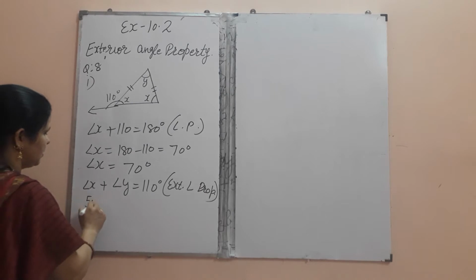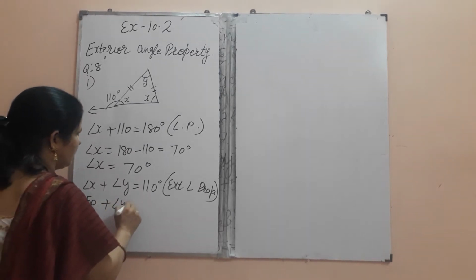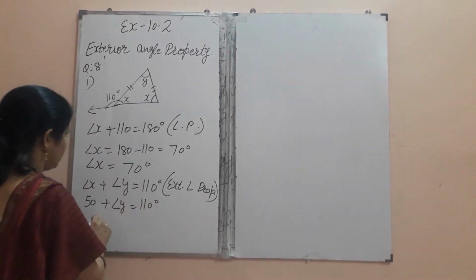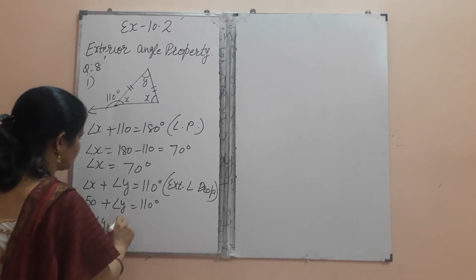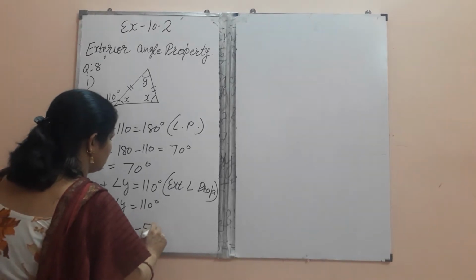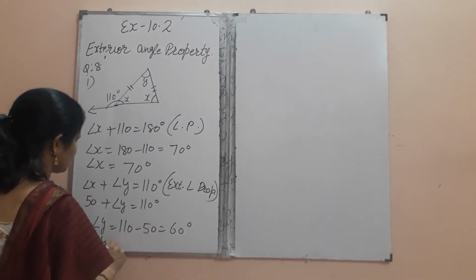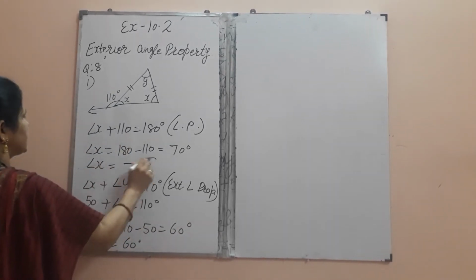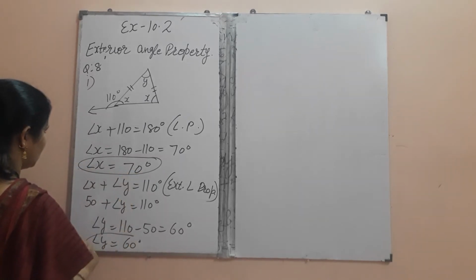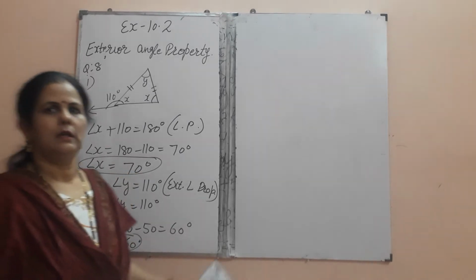X is 70° plus angle y equals 110°. Angle y equals 110 minus 70 equals 40. So angle y equals 40° and angle x is 70°. So this is the answer.